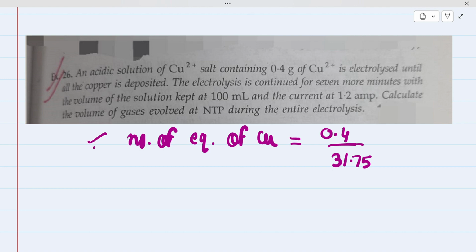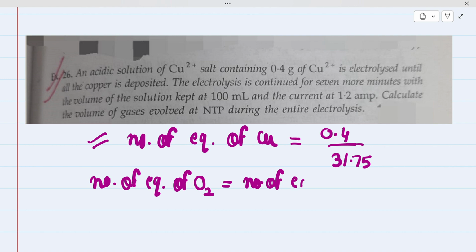Simultaneously in this process, at anode, oxygen will be released. So the number of equivalents of oxygen gas O2 will be equal to the number of equivalents of copper. So we can say the number of equivalents of oxygen will be 0.4 upon 31.75.